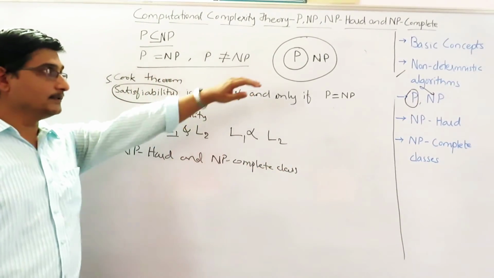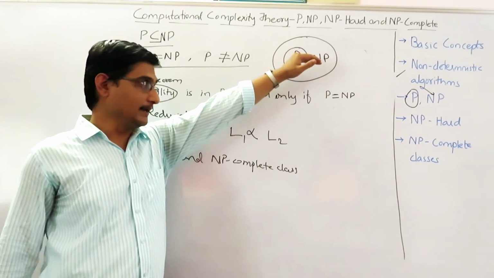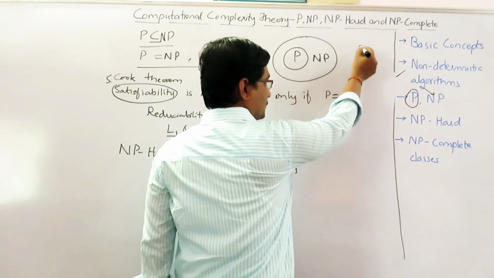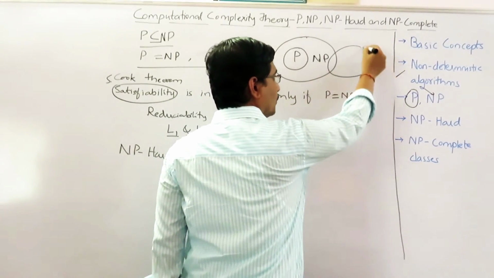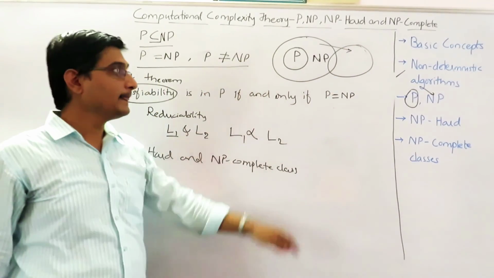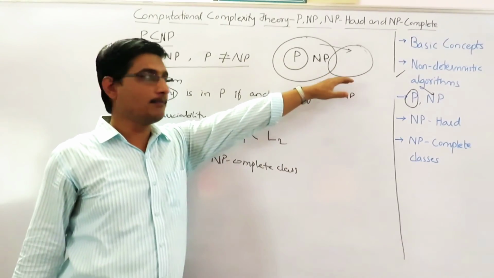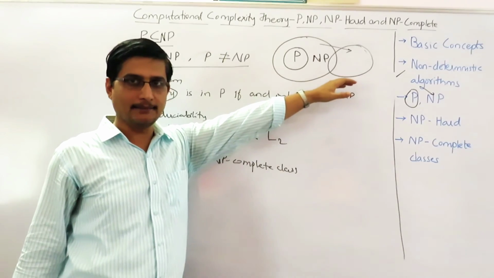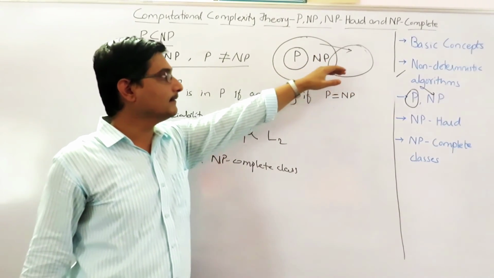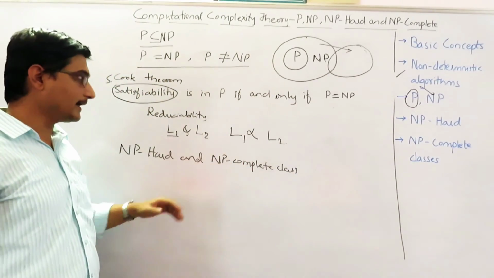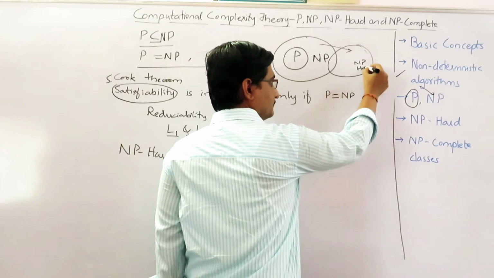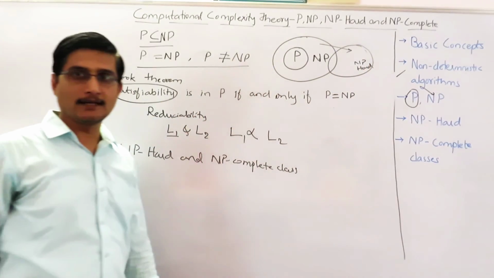So every problem which is in NP, if it can be reduced to a decision problem of polynomial time by a deterministic algorithm, then it can be put into the category of NP hard.